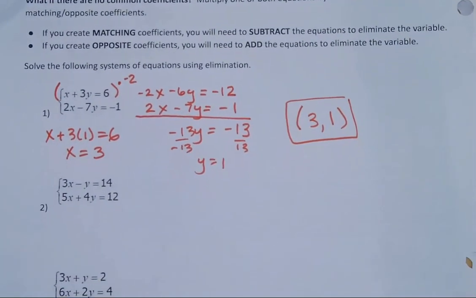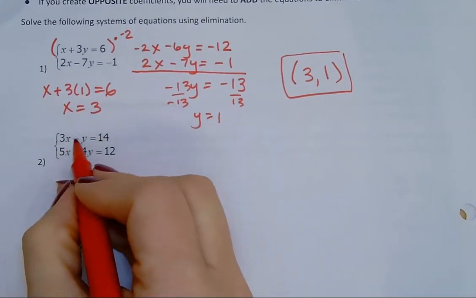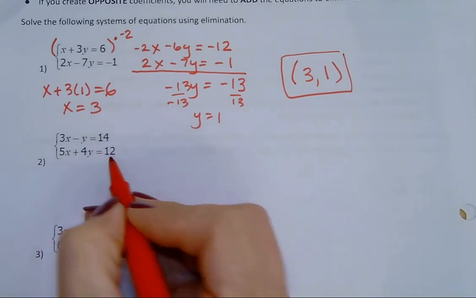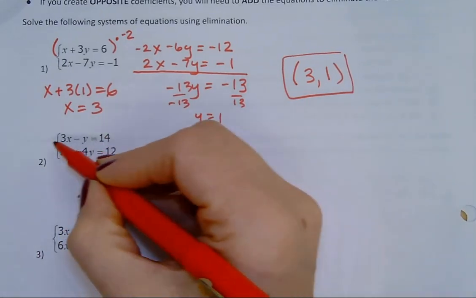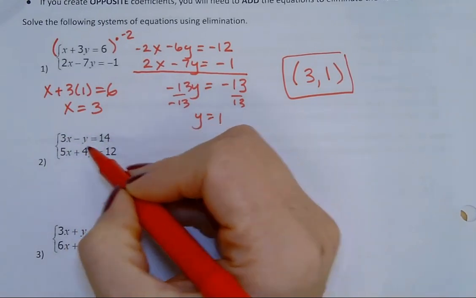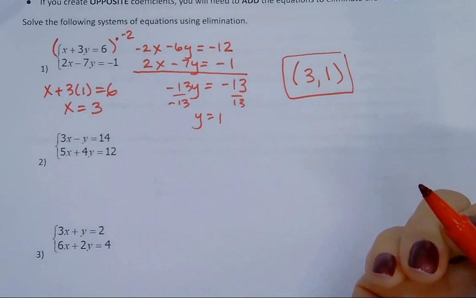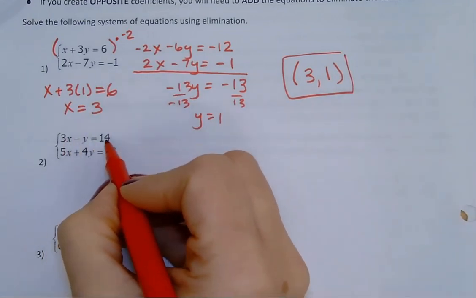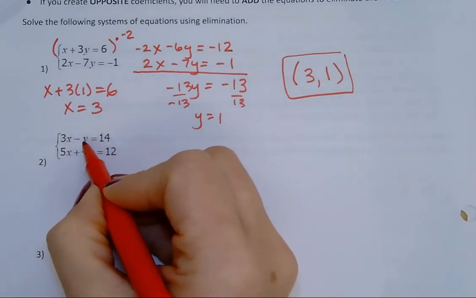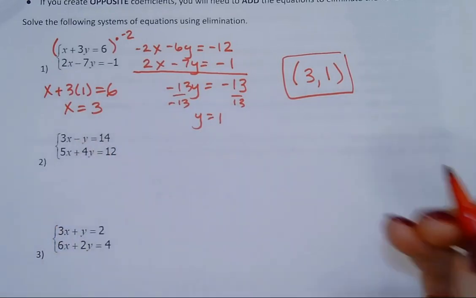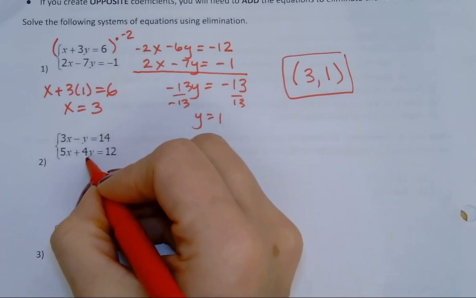Let's look at the next problem, number 2. I have 3x minus y equals 14, and 5x plus 4y equals 12. At first glance, they're lined up properly, but I don't have any opposite coefficients, so I'm going to change that. I'm going to deal with this y, which has a coefficient of -1, and I want it to be opposite to the other y.